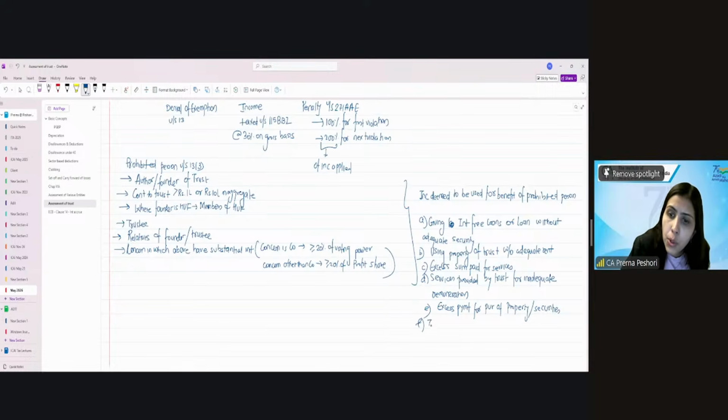Or inadequate payment received for property or securities sold by the trust to these persons.